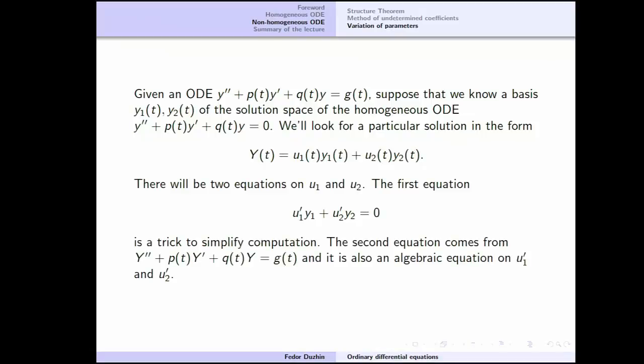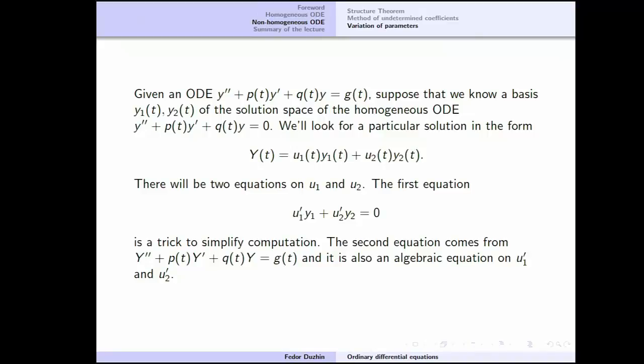Right. So then, in the method of variation of parameters, we came up with two equations on u1, strictly speaking, on u1 prime and u2 prime. So the first of these equations is always going to be u1 prime times y1 plus u2 prime times y2 equals zero, and it comes from a trick.